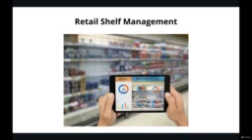So basically retail shelf management itself is a very, very big activity which the staff at the store has to continuously do, so that when the customer walks in, he or she is able to find their product and buy it easily.